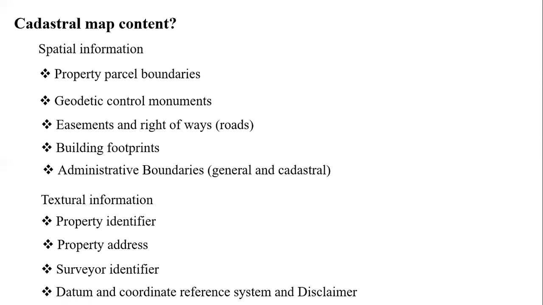Textual information, generally the property identifier, who is the particular person of that property, the property address, what the particular address is, and the surveyor identifier. So the surveyor also will have an identifier. The coordinate reference system will be documented, based on the coordinates.